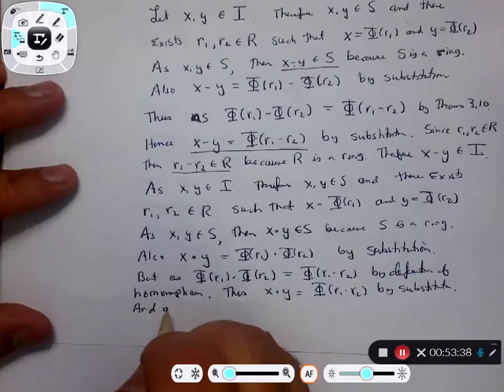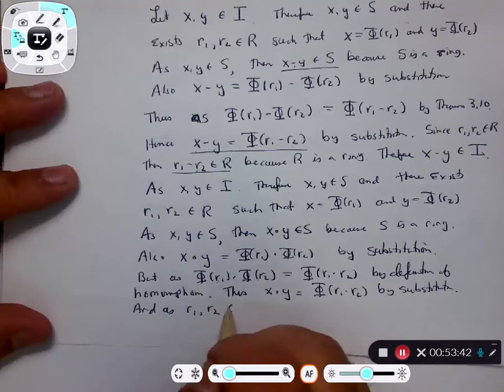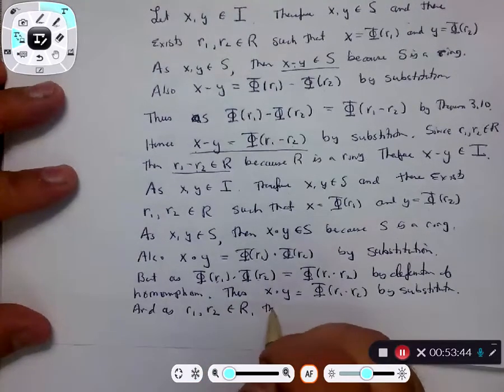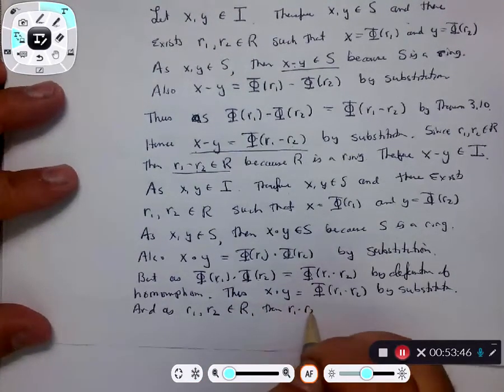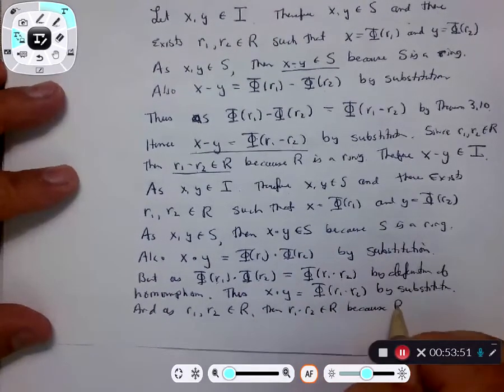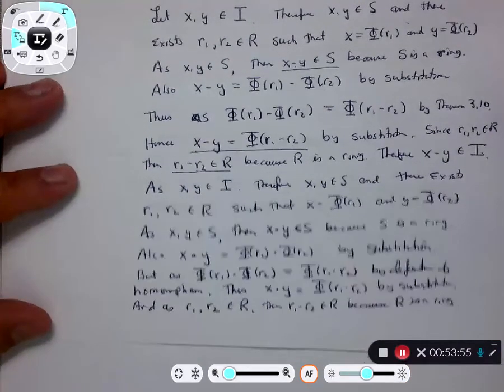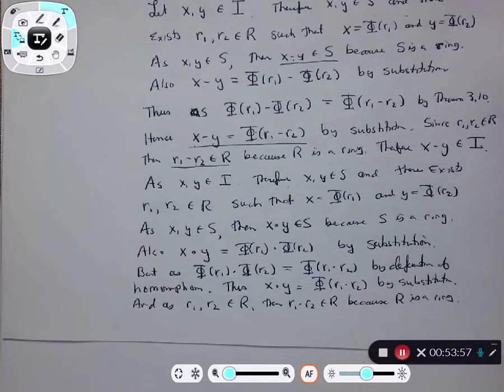And as R1 and R2 are elements of R, then R1 times R2 is an element of R because R is a ring. We're really beating to death these definitions and properties.